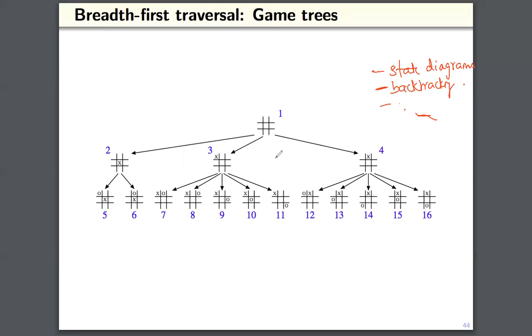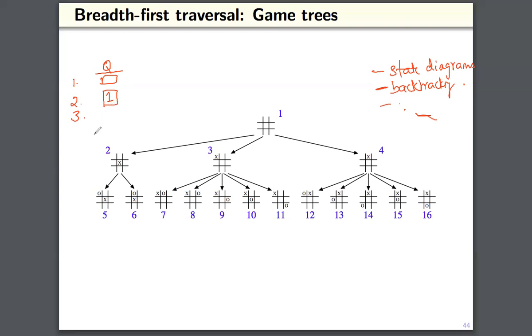Now, what do you need to do? Let's apply that logic. The queue initially is empty. Next, you enqueue 1. I'll just use these numbers. Next, you do in a loop: until the queue is empty, you dequeue. 1 is out now.